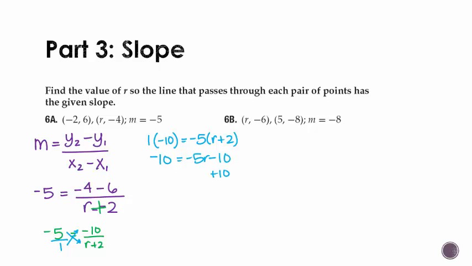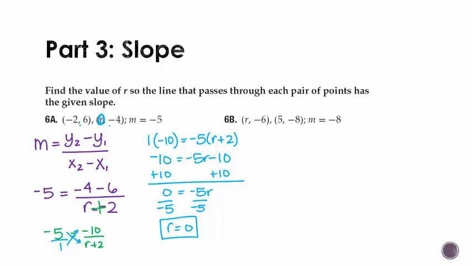I add 10 to both sides, I get 0 equals -5r, and if I divide both sides by -5, we end up with r has to be 0 in order for this to work.